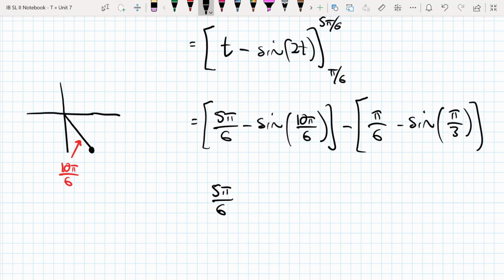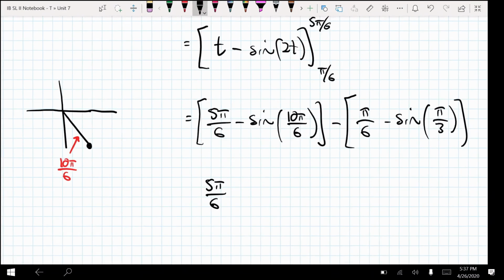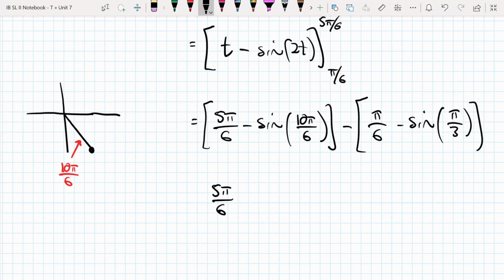And the coordinate point here, if it's 2 pi over 6 less than 2 rotations, it's going to be 60 degrees as a reference angle, and so this is 1/2, comma, negative root 3 over 2. Sine represents the y value, and so this becomes negative root 3 over 2.